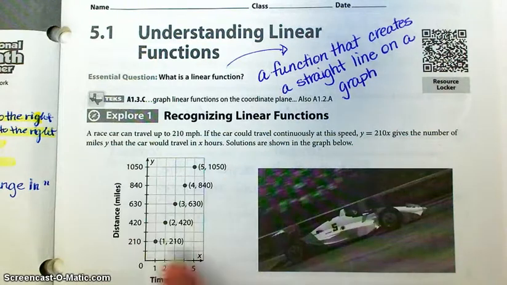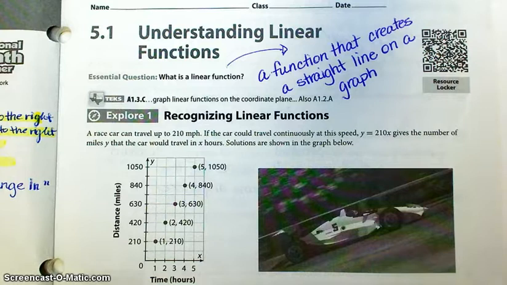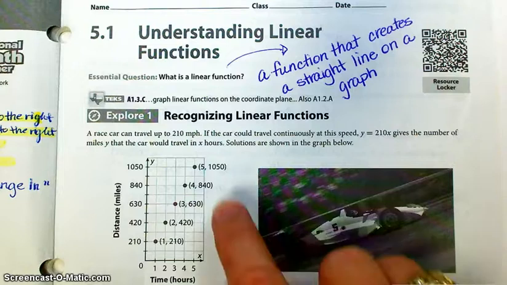All right, so for instance, let's just dive in. It says a race car can travel up to 210 miles an hour. If the car could travel continuously at this speed, then y equals 210x gives the number of miles, y, that the car would travel in x hours. Solutions are shown on the graph below.